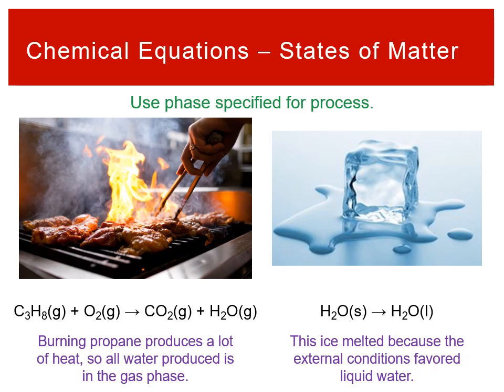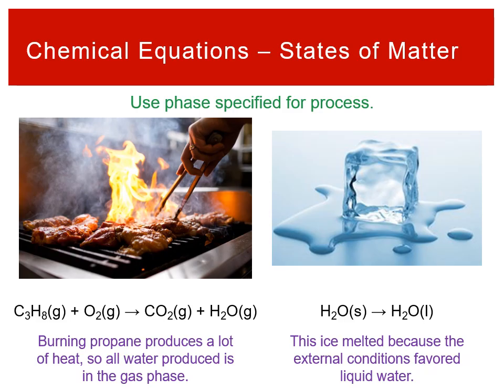When we're dealing with these sorts of phases, they're going to be really important, based on what we have. And in general, when we're dealing with phases, sometimes we'll learn places where we can figure them out. But a lot of times, you just want to use the phase that's specified in the description.